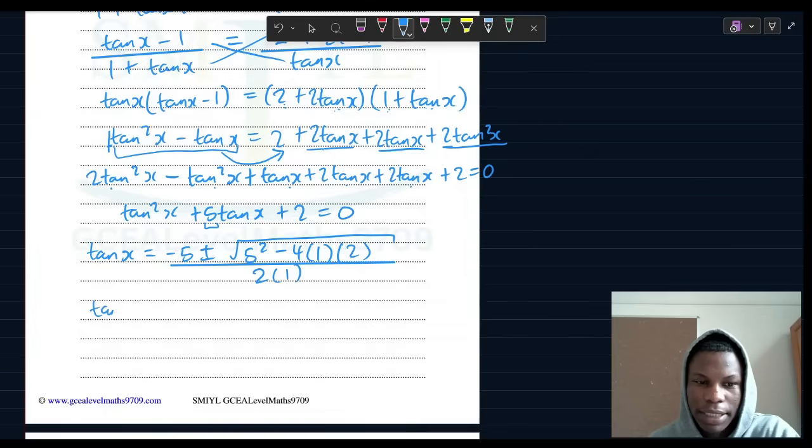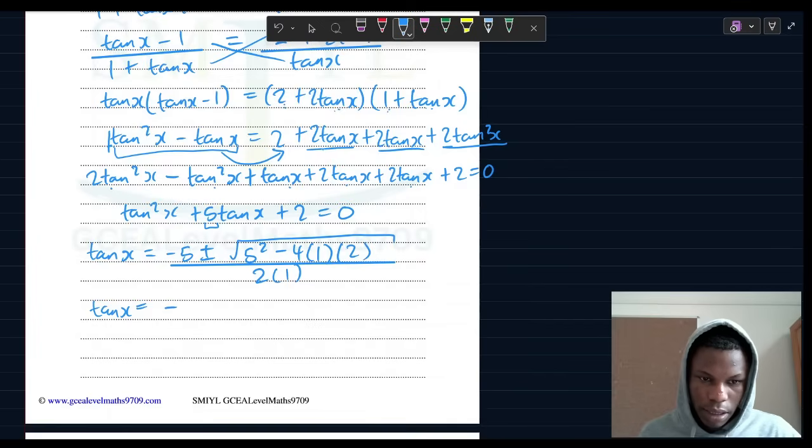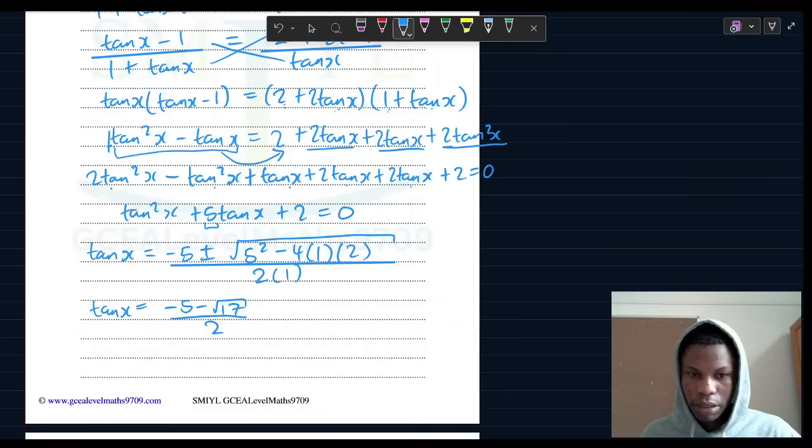And so if we punch this into the calculator, start with the negative one, -5 minus root (5 squared minus 4 times 2) divided by 2. This gives us (-5 minus root 17) over 2. And so the positive one should give us that tan x is equal to (-5 plus root 17) over 2.